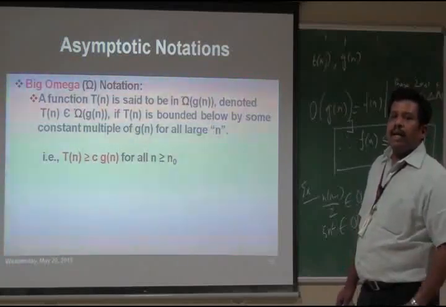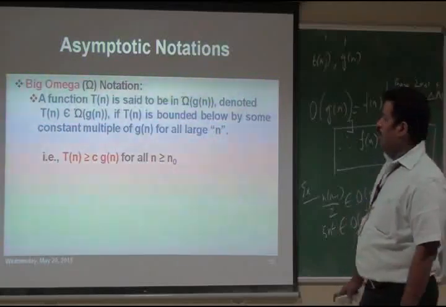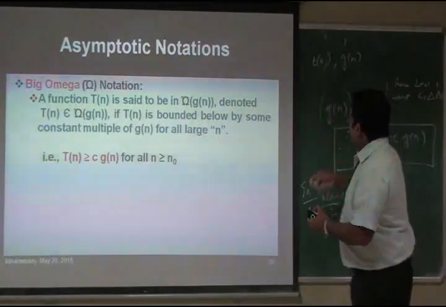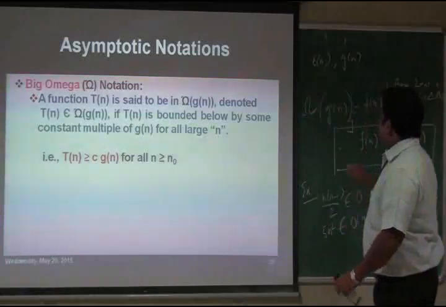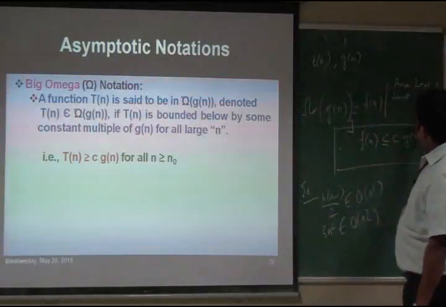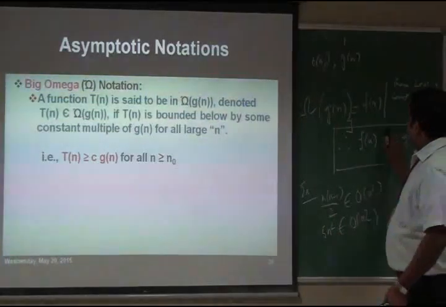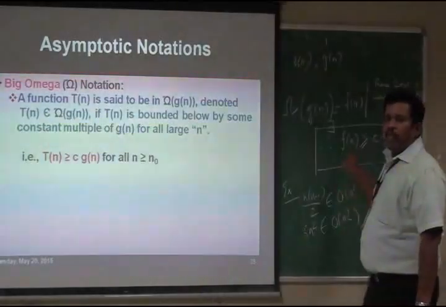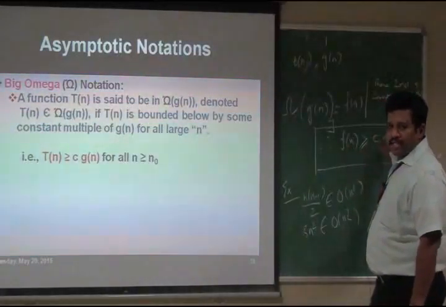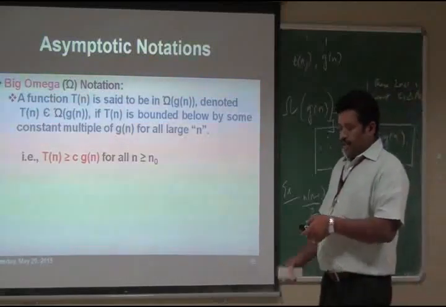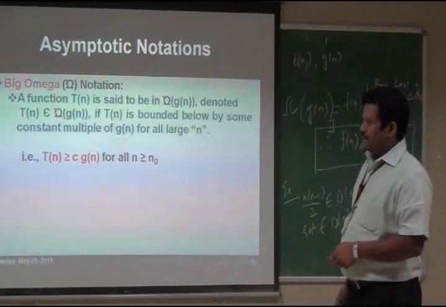Suppose you want to say a function t of n is in big omega of g of n: there exists a constant c and n naught such that t of n is bounded below by c into g of n. It has to hold for larger integer values.